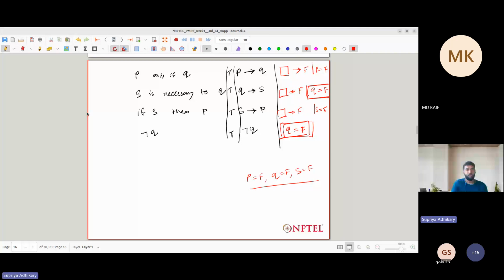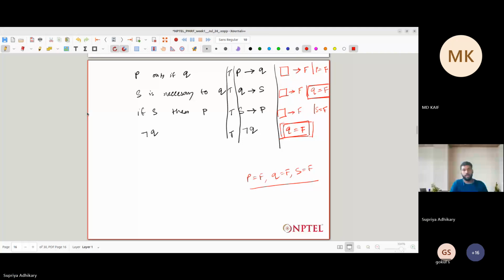Both of them are false, so the hypothesis is true, but the conclusion over here has the truth assignment false. This cannot be, so this should have truth assignment F.